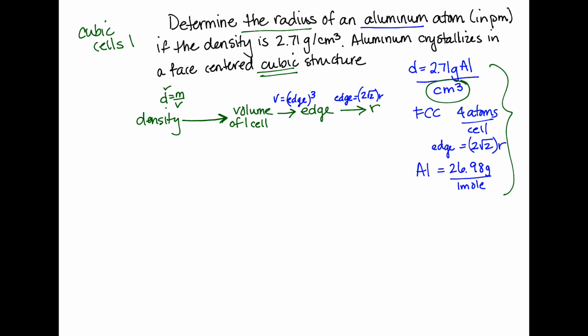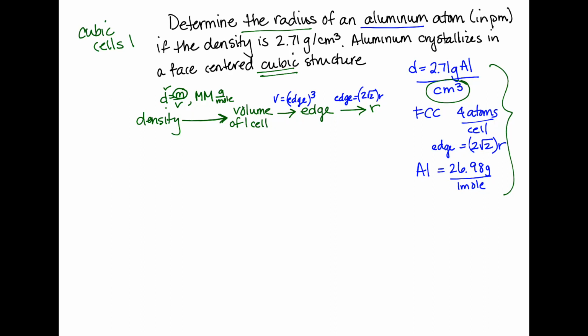If I have the density and I'm trying to find the volume, I need to know a mass. So I'm going to use my molar mass to help me do that. And remember, molar mass is in units of grams per mole, but I don't want to get the volume of a whole mole. I just want to get the volume of one cell. So I'm going to have to do a conversion for that too. So going from density to the volume of a cell isn't just a one-step thing, but it is something that we can do.